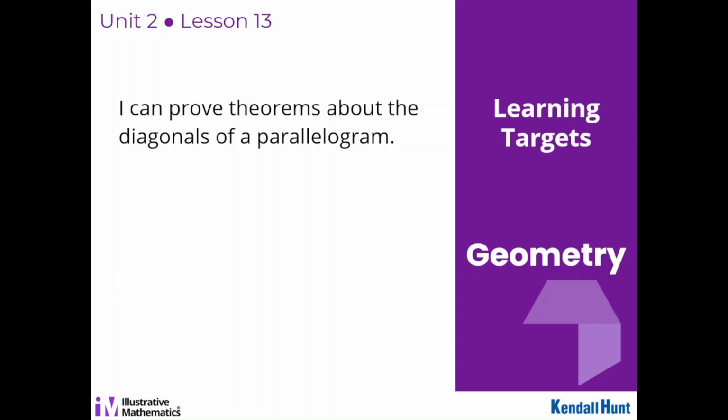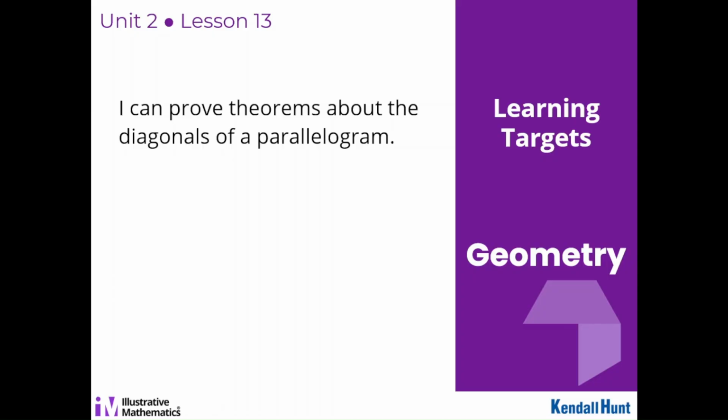We are able to use one set of parallel lines and the diagonal to then come up with enough side-angle-side to prove the triangles are congruent, and then other corresponding parts of the triangles are congruent.